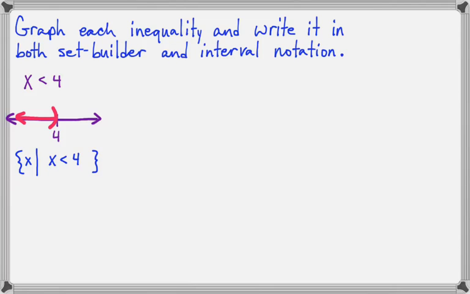And the way you read this is you say our solution is the set of all x's such that x is less than 4. The set of all x's such that x is less than 4. So that tells you that it includes 3 and 3.5 and 1.2 and 2.7 and 0.98 and everything that's less than 4.